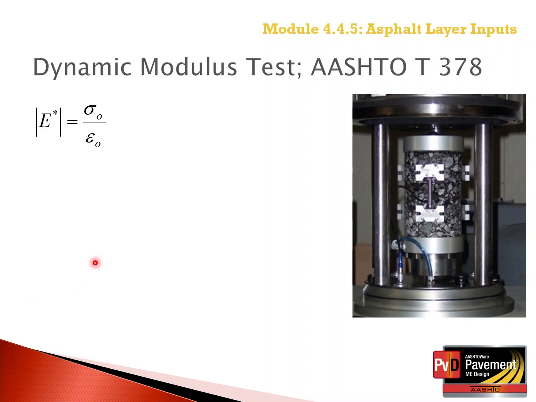AASHTO T378 is the dynamic modulus test procedure and is a stress-controlled type test, and the cyclic deviator or uniaxial stress is applied using a sinusoidal waveform where both the applied stress and resultant vertical deflection are measured.